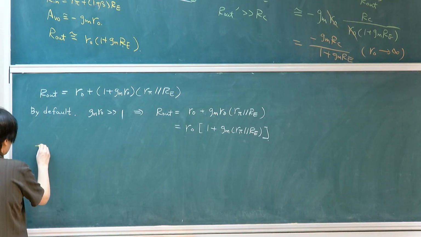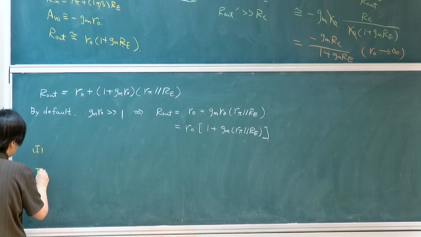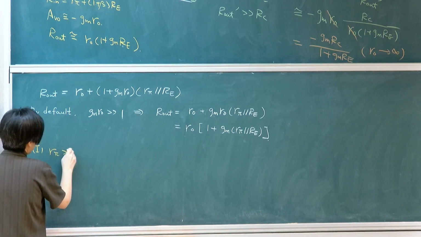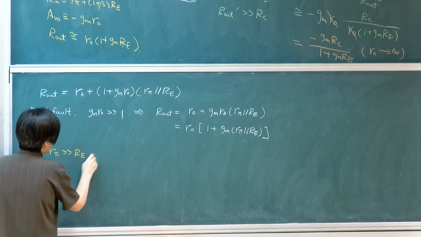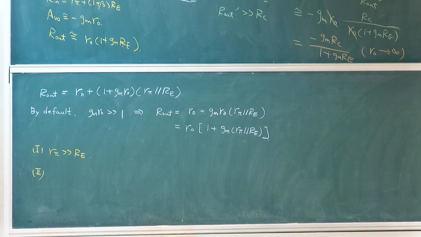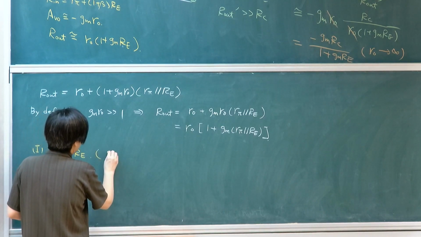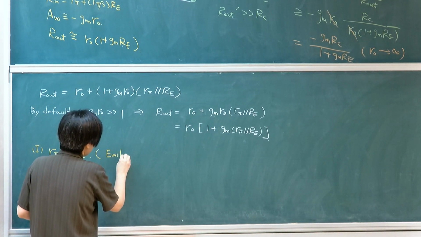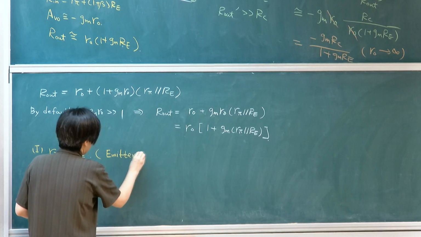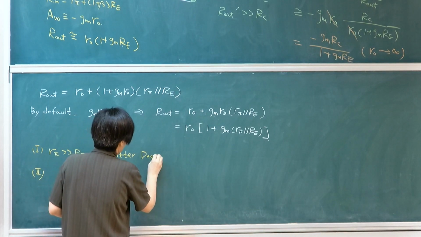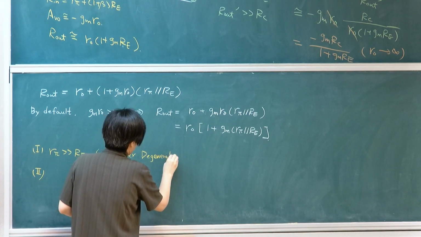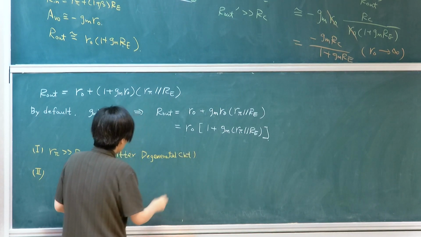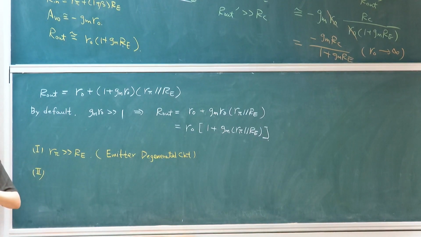The second thing, so there are two conditions. One is when R pi is much, much larger than RE. This is mostly true if you're designing this as an emitter degenerate circuit. So the purpose is for emitter degeneration. In an emitter degenerate circuit, you typically just tweak a little bit.